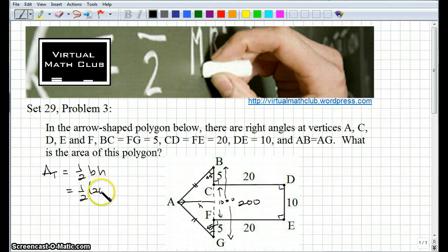So the base is 20, and the height, we aren't given the height, but we can reason it out because we know that here we've got this altitude, and it divides this triangle into 2 more triangles, and they are congruent to each other. Because the whole thing was a 45, 45, 90 triangle, and we divided it essentially in half, so we got 2 more 45, 45, 90 triangles.